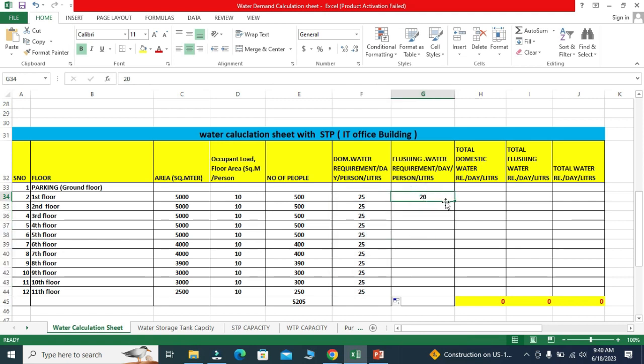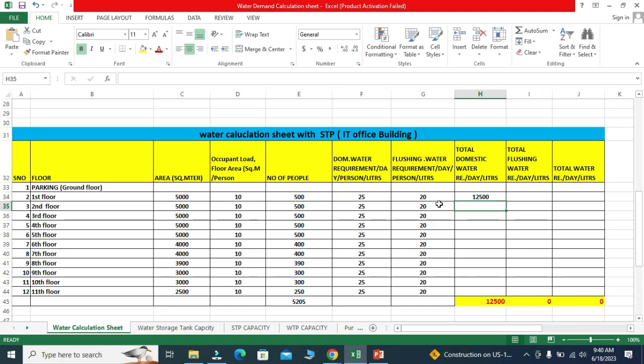Similarly for flushing water consumption per day per person per liter. Now let's get the total domestic water consumption per day for each floor individually. It is equal to domestic water, which is 25 liter per day for 500 people.